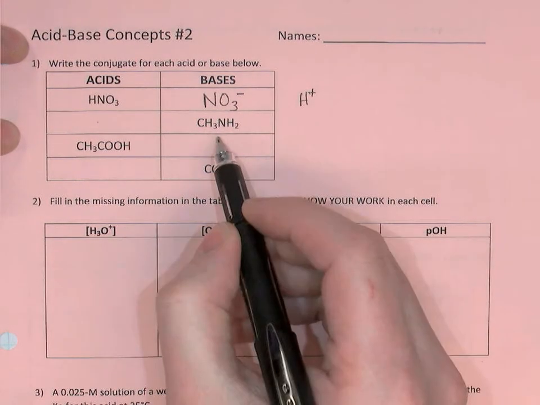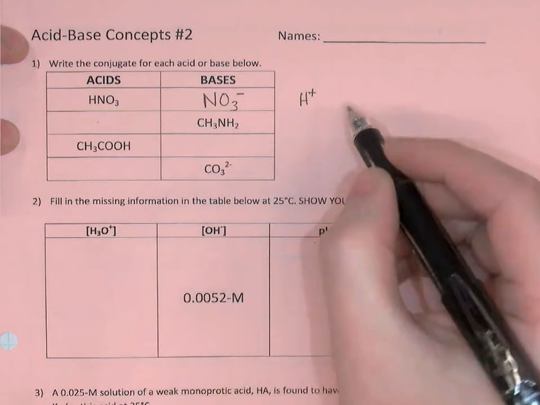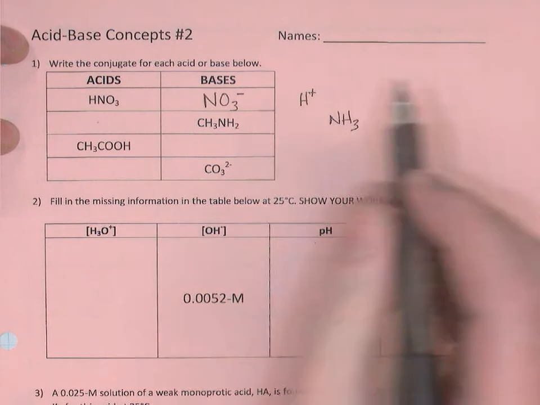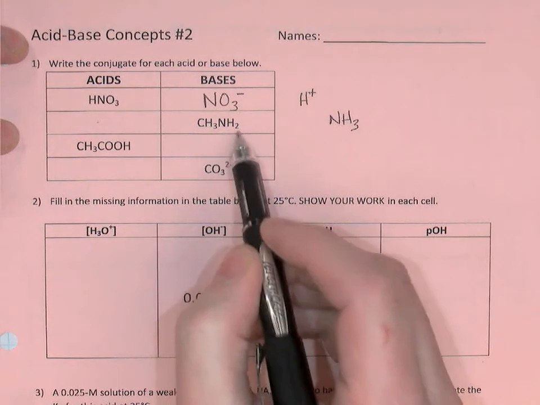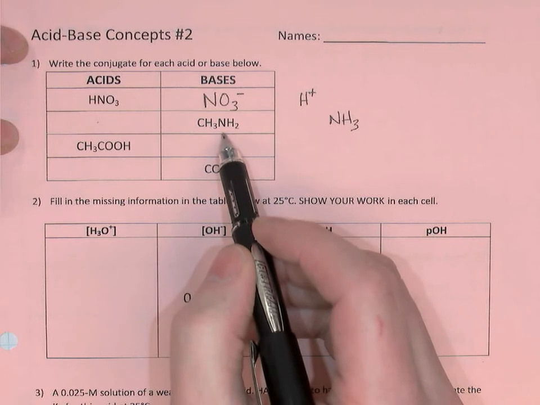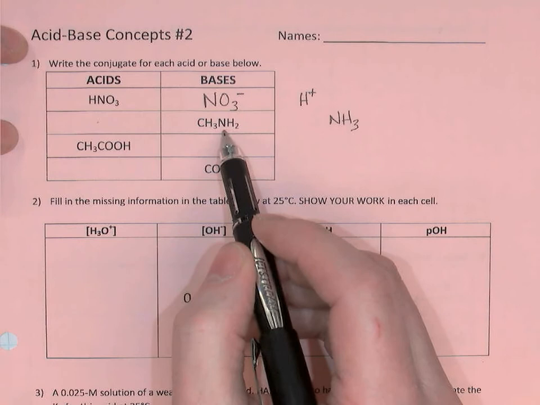The second question shows us a base, and this base is a derivative of ammonia. Ammonia, we remember, is NH3, and so this thing, when I see NH2 in it, reminds me of ammonia. And bases accept hydrogen ions, so this is going to take on another hydrogen ion.